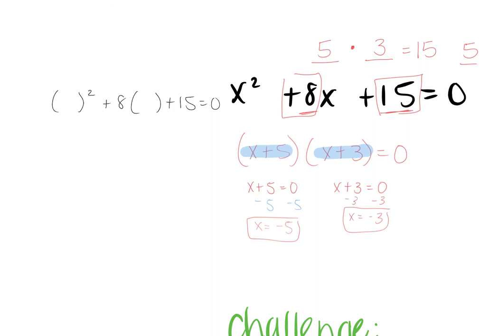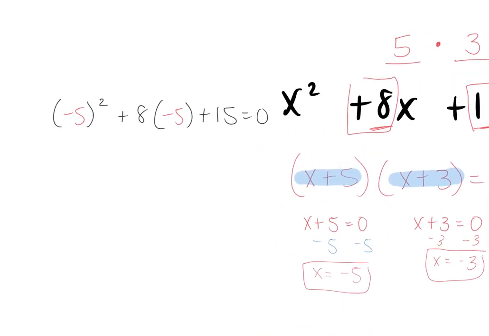Steven, what do you want to plug in first, negative 5 or negative 3? Negative 5. All right, Steven, what's negative 5 squared? Positive 25. And then what happens when we take 8 and multiply it by negative 5? Negative 40. And then the 15 is just 15, right?